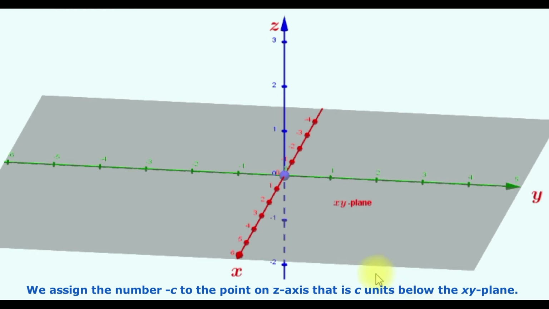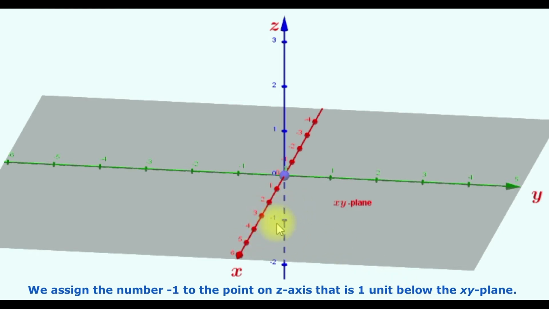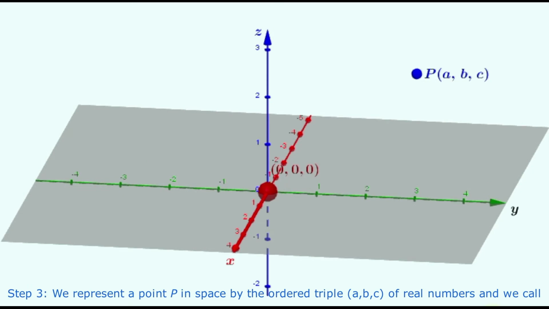For example, we assign the number negative 1 to the point on the z-axis that is 1 unit below the xy plane.